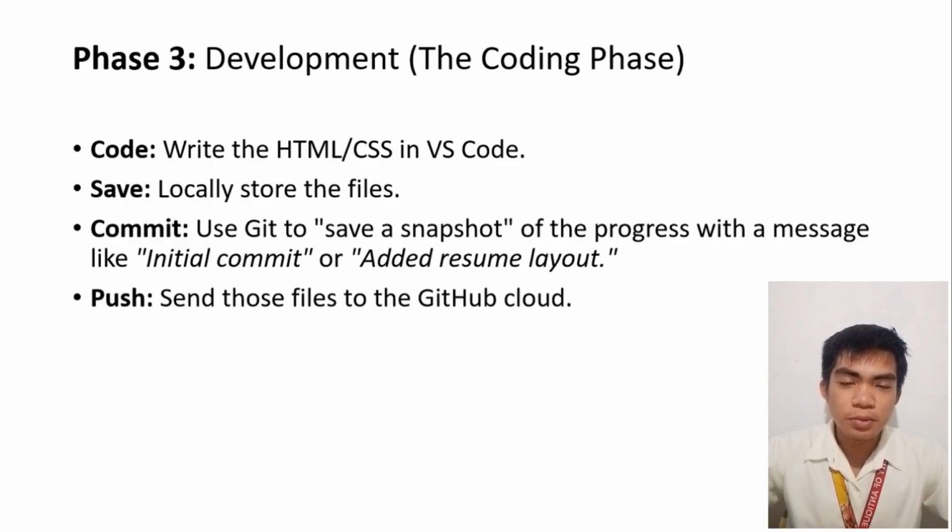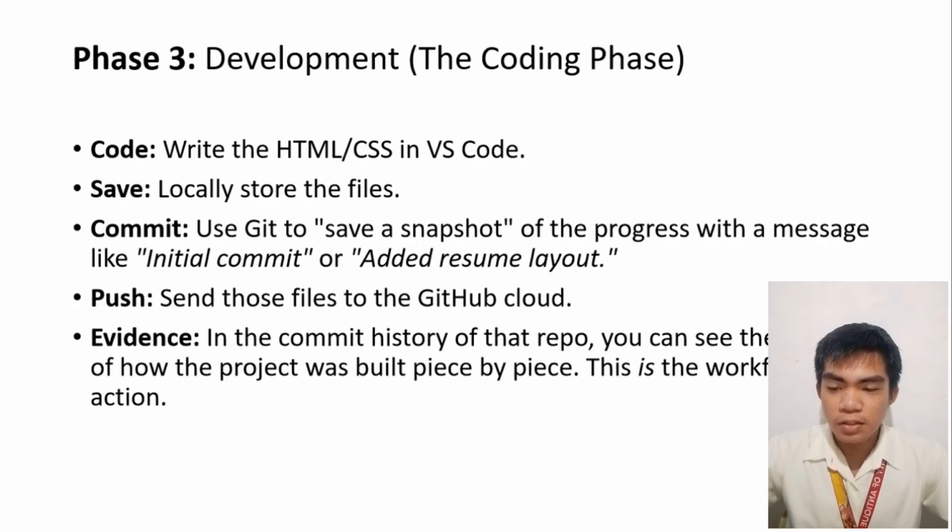And then next would be the push, to send those files to the GitHub cloud. GitHub also has the commit history of that repo, where you can see the timeline of how the project was built piece by piece. This is a workflow in action.